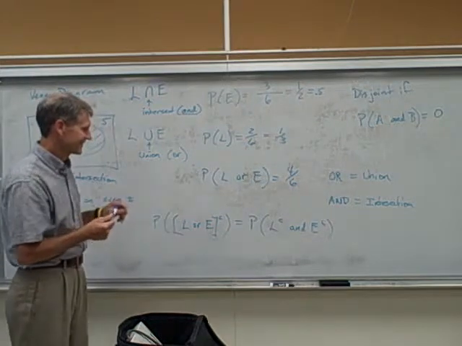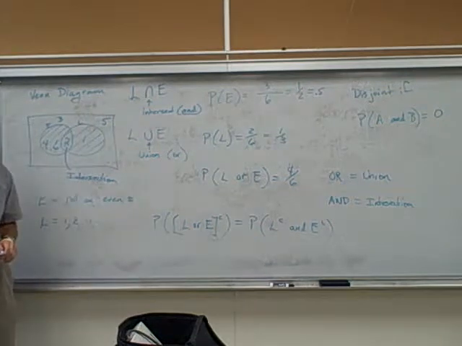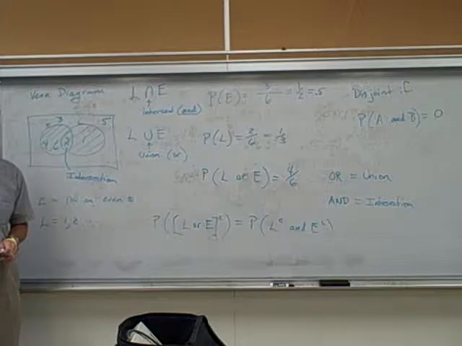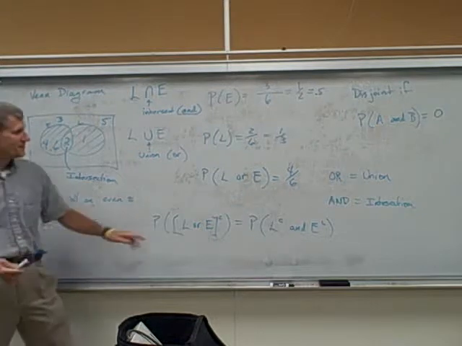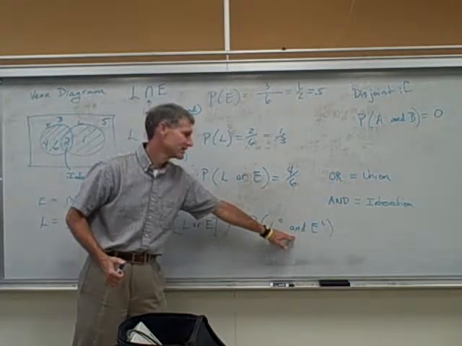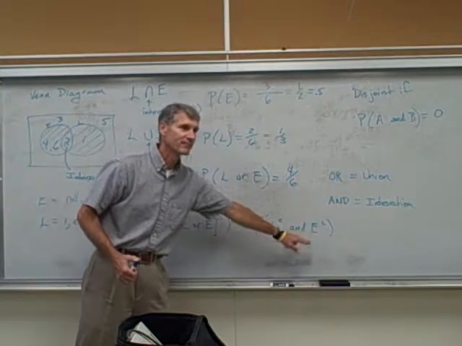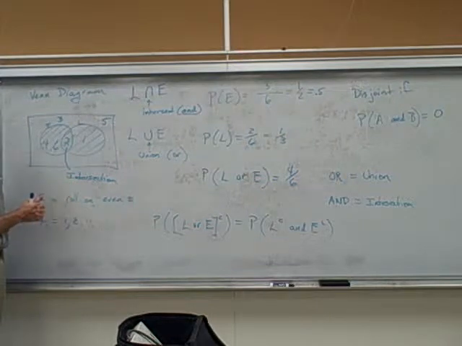Okay. Now, is this a true statement? Yeah. I know what you're thinking. Oh, God. Is it true? The complement of L intersect, so and, the complement of E. So it has to be both outside of L and outside of E. Does that give me the same thing?